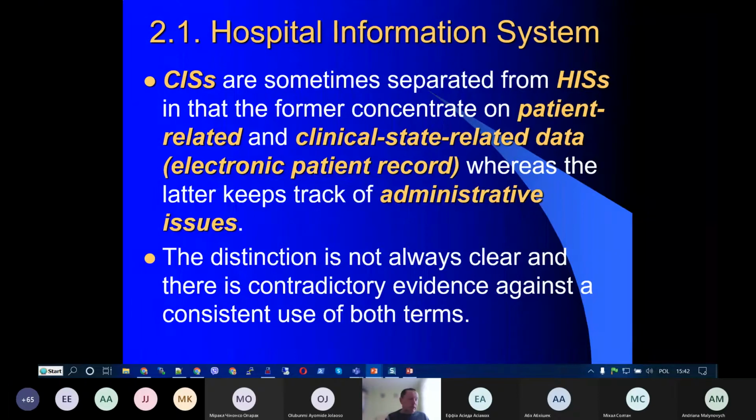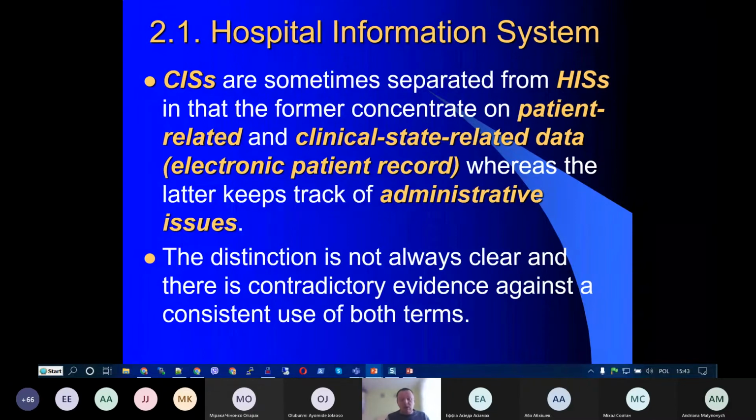So again, it's not a large mistake to use them as replaceable terms, but it would be fine to remember that a clinical information system concentrates on patient-related and clinical state-related data. So a clinical information system is dedicated to management of the electronic patient record, EMR, at first.